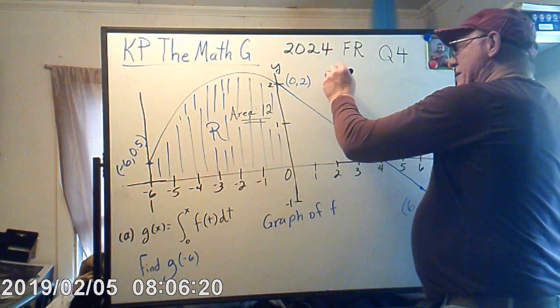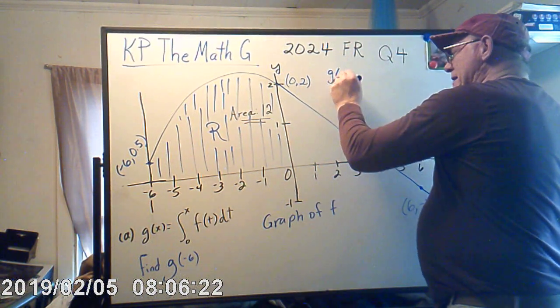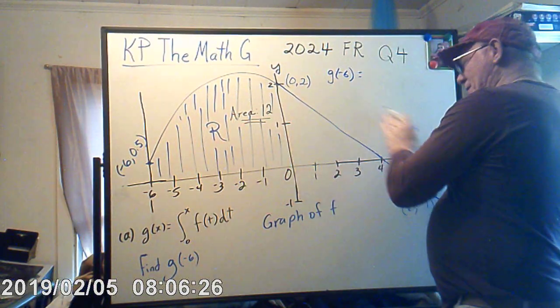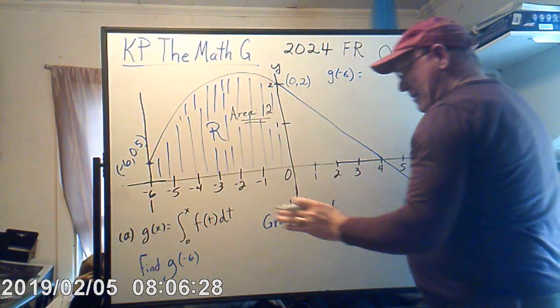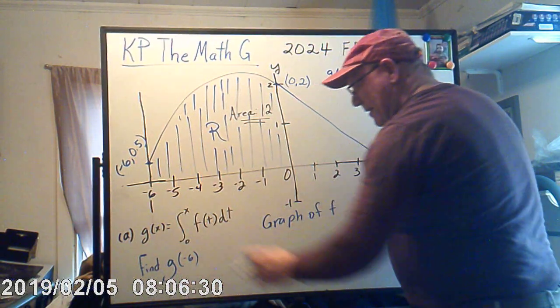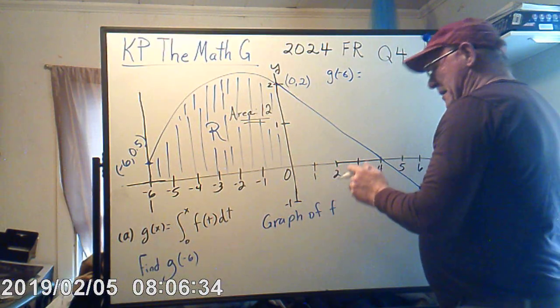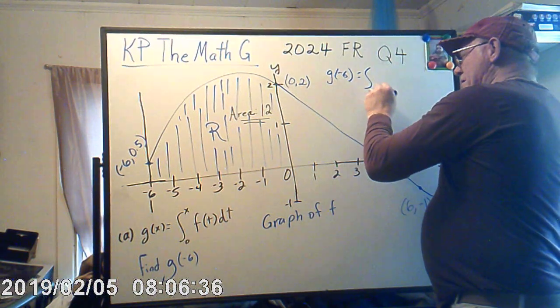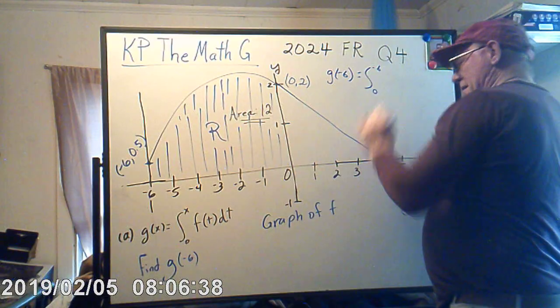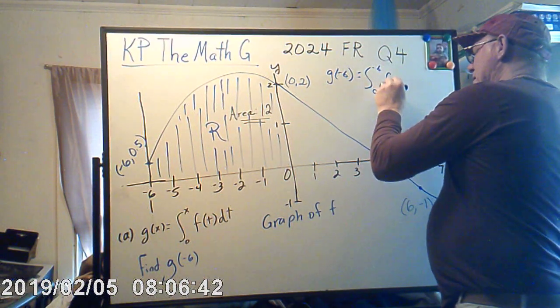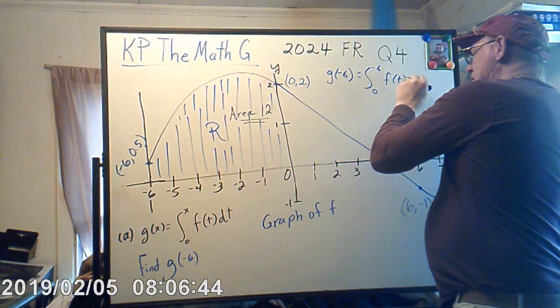So g at -6 equals the integral from 0 to -6 of f of t dt.